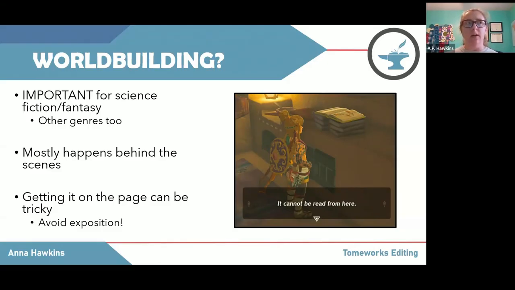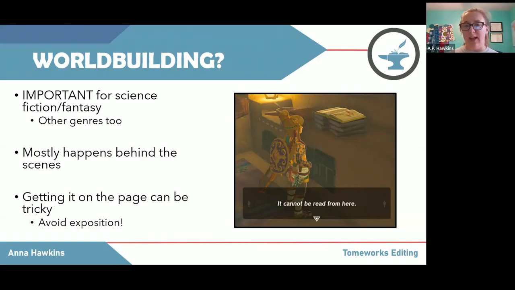I would argue that every genre of writing, whether you're doing literary fiction, horror, romance, even memoir to some extent, requires world building. The minimal amount of world building is a setting where things happen. You have to have a strong vision of where your characters are, especially if you're writing contemporary fiction, memoir, or historical fiction.